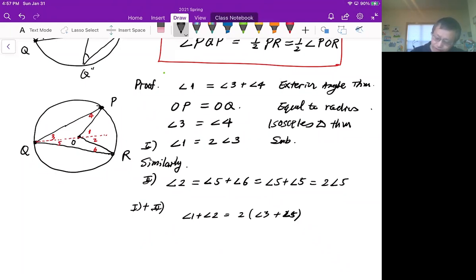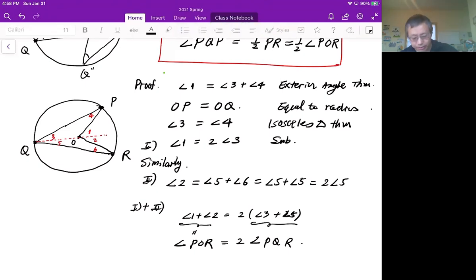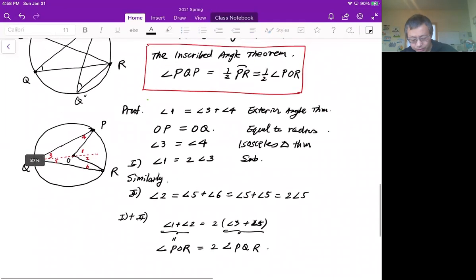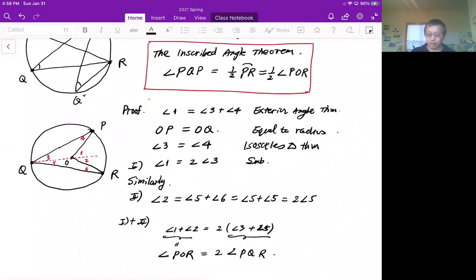Angle 1 plus angle 2 is just the angle POR, and angle 3 plus angle 5 is just the angle PQR. Then you divide both sides by 2 and you get the answer. Does it make sense? So that's our first theorem in terms of the circle.